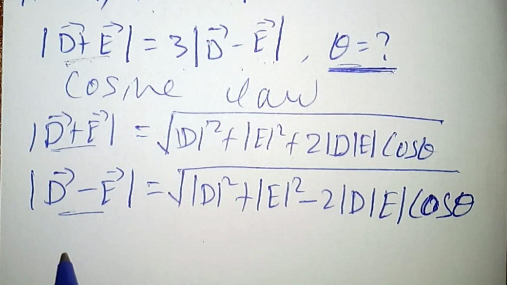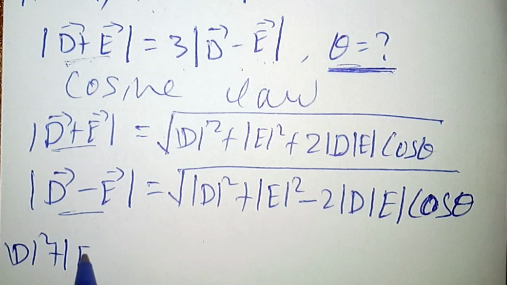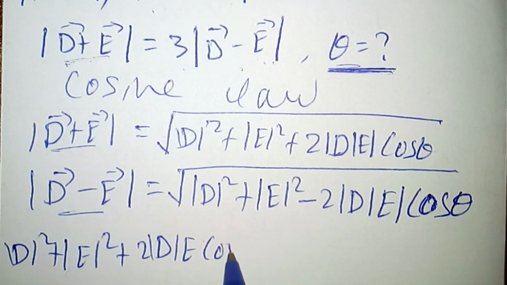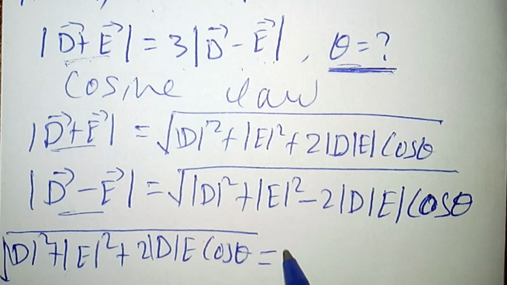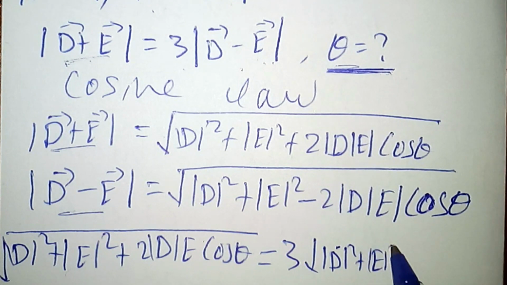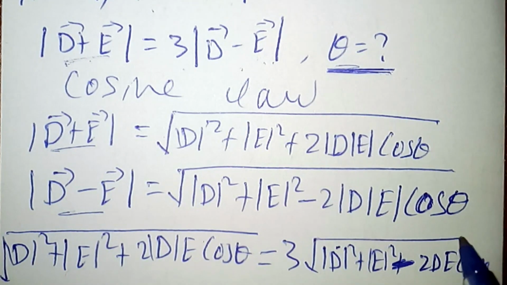From the equation, the magnitude of the sum is 3 times the magnitude of the difference. This means we can say that the radical of D squared plus E squared plus twice D E cos theta is equal to 3 times the radical of D squared plus E squared minus 2D E cos theta.